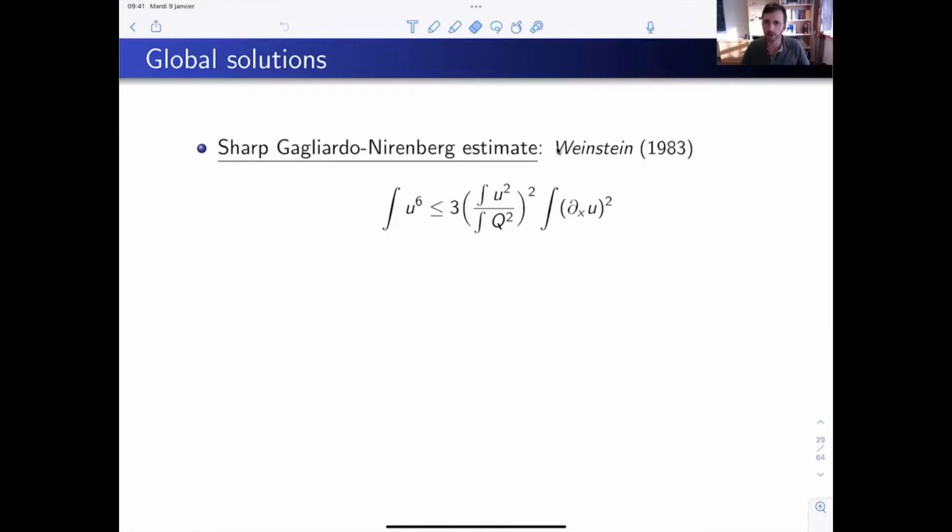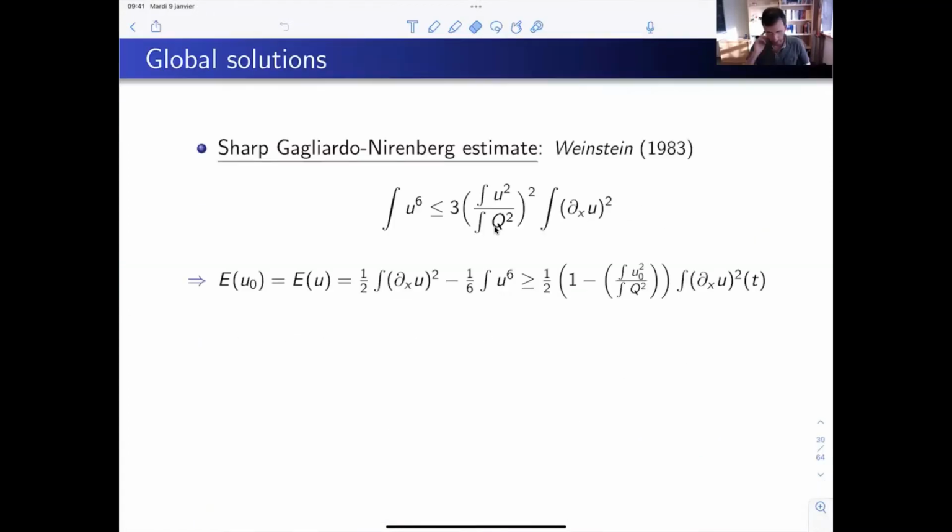This was proved by Weinstein in '93. The best constant depends on the solitary waves Q. And since, remember, we are L2 critical, the L2 norm of the solitary wave is independent of the rescaling, so it's the same for any solitary wave.